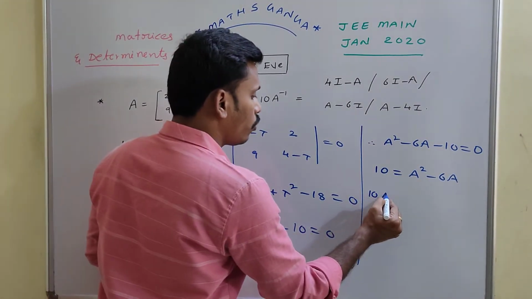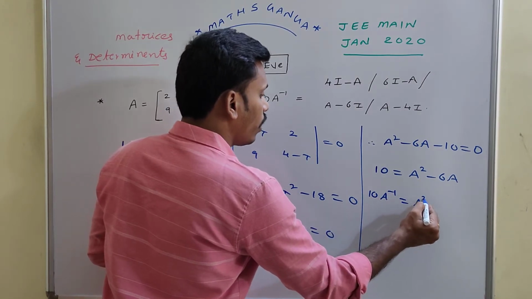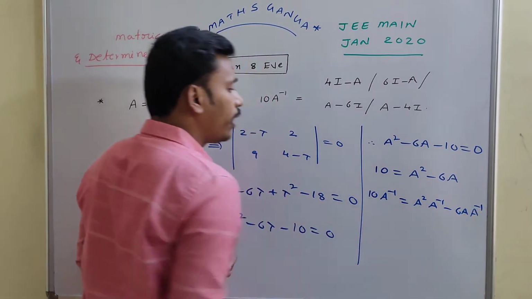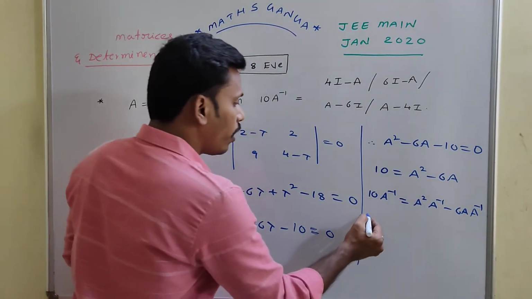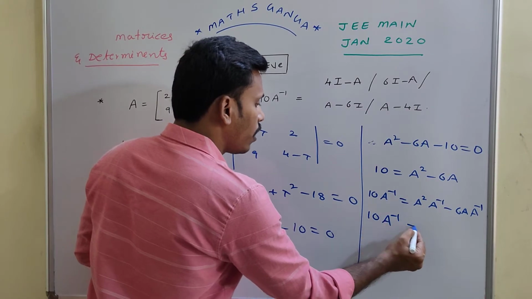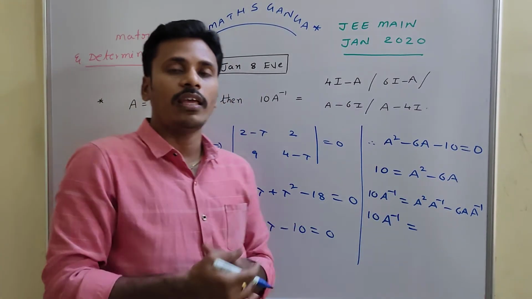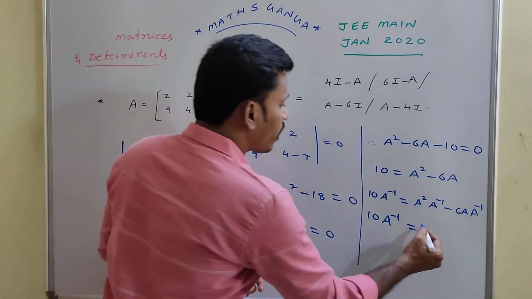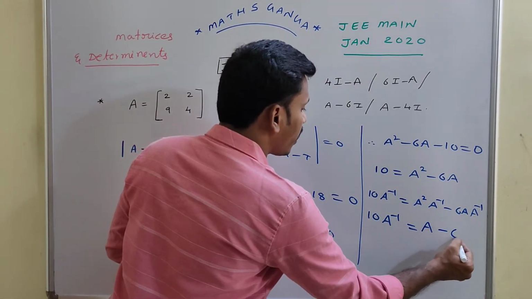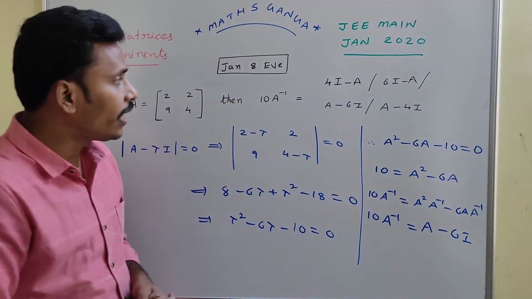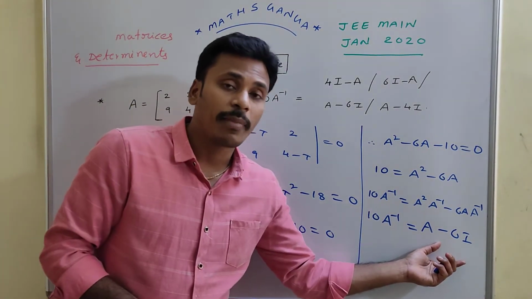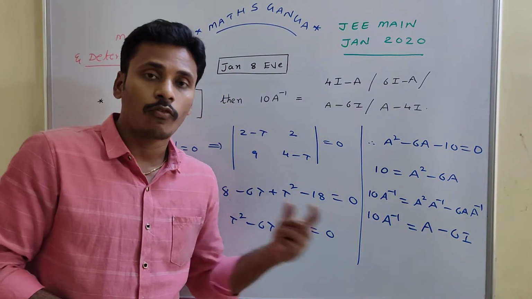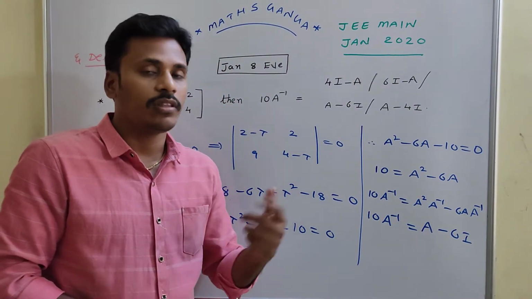The left side is just 10A inverse, whereas on the right side A square times A inverse is A, since A together with A inverse becomes identity, and A with identity is A, minus 6 identity. So 10A inverse at the end is A minus 6I. This is very simple, just by the support of the characteristic equation with Cayley's theorem.